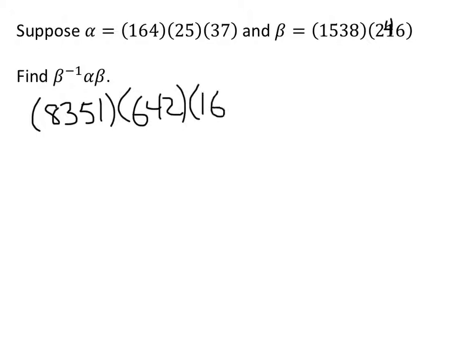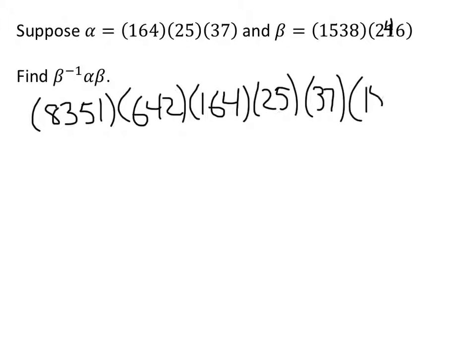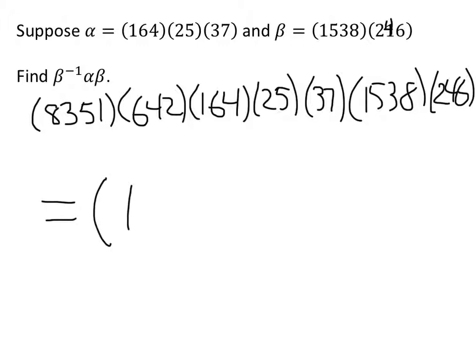Alpha is 1, 6, 4, 2, 5, 3, 7. I'm going to run out of room. And then beta is 1, 5, 3, 8, and 2, 4, 6. Whew, that was tough. But fortunately, we should be able to deal with it here.